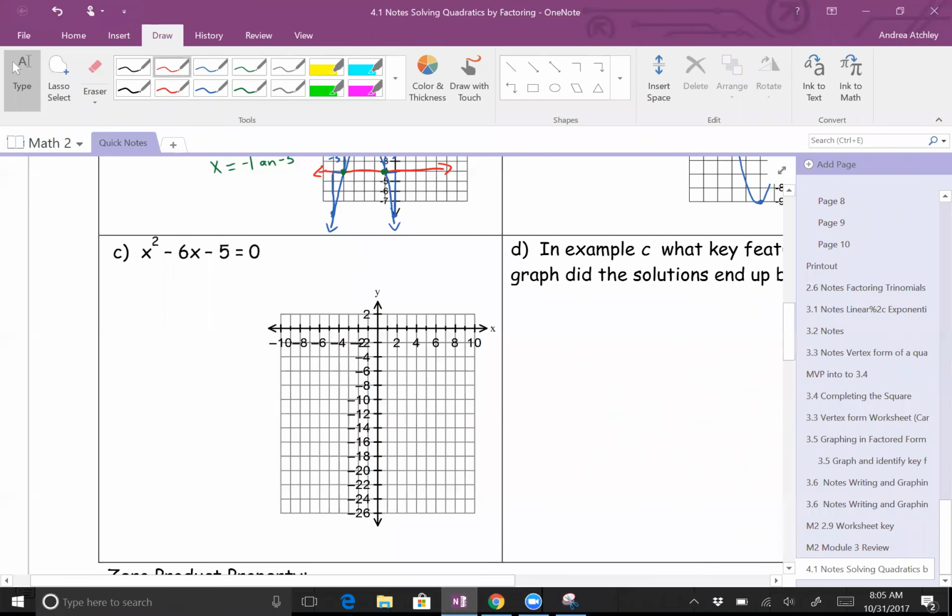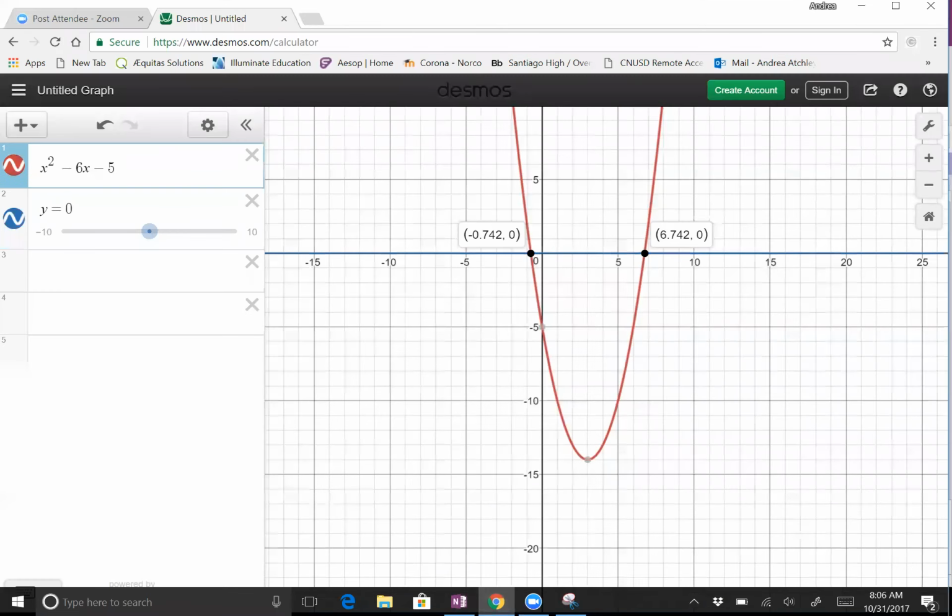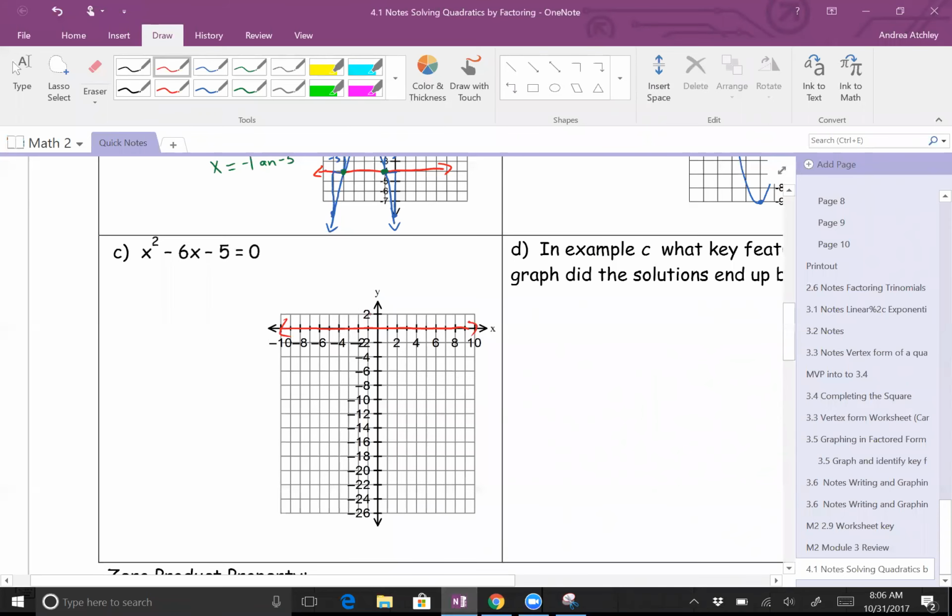Okay, so this time our graph should cross right here. Okay, we're going to go back and identify the vertex so it's easy for us to graph this. The vertex is 3 and negative 14. So 1, 3, and negative 14 is like right here.